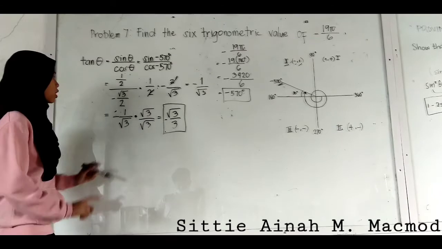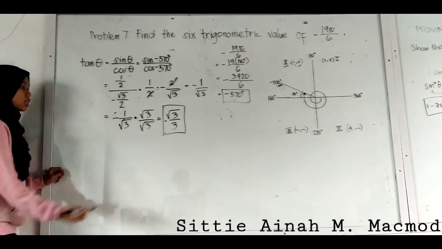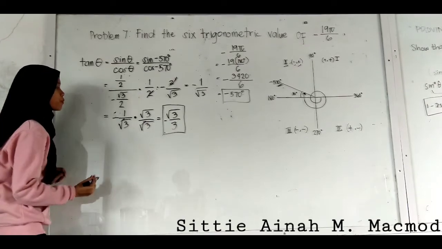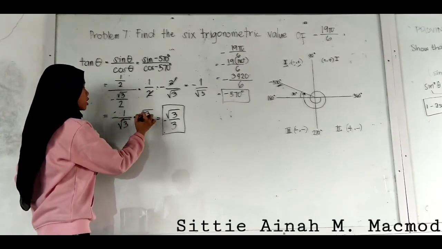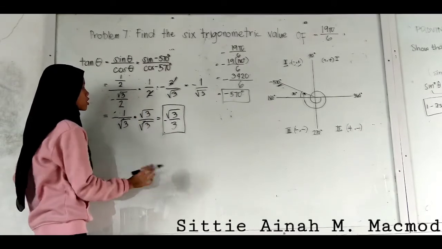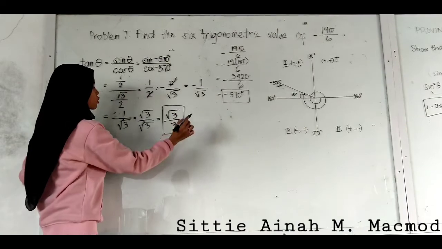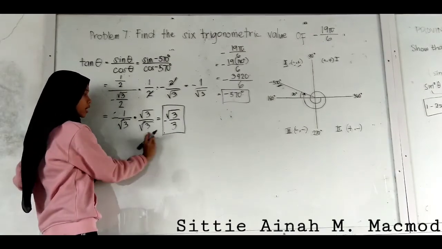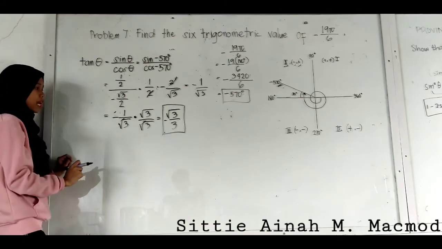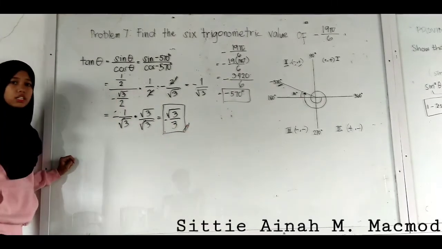Negative 1 times square root of 3 is equal to negative square root of 3. We bring down the denominator, so 3. So, that is the final answer.